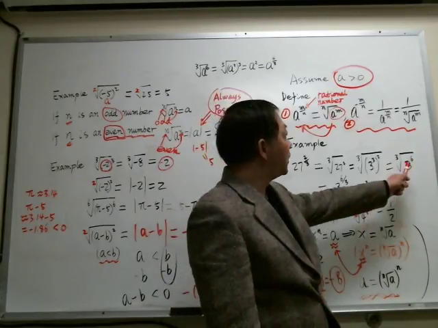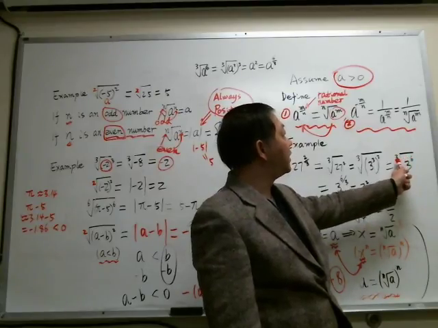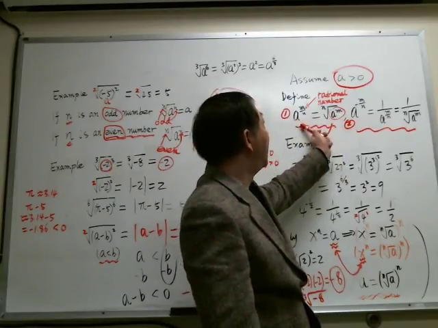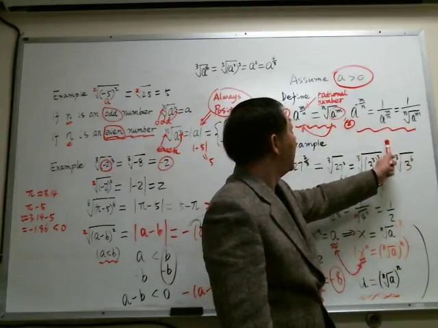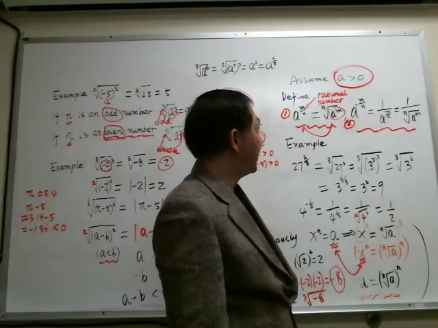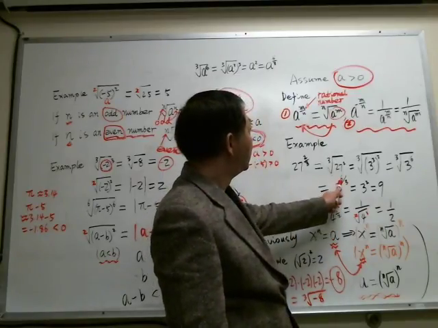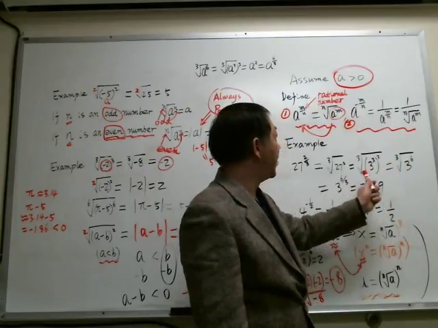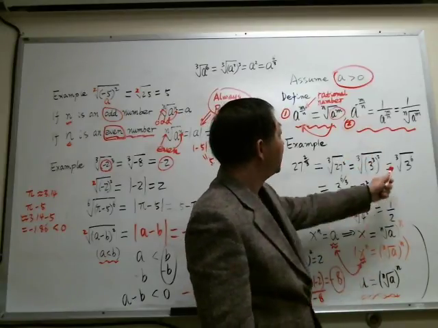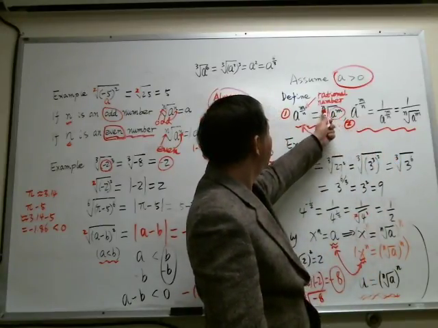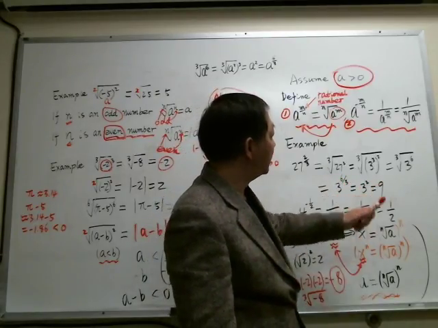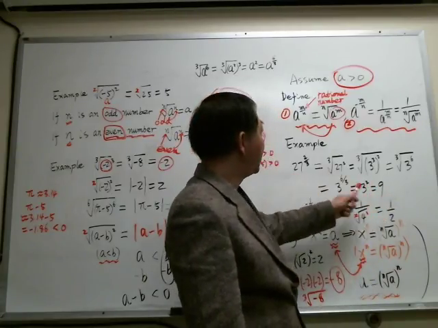Here is the exponent and here is the radical exponent, so by this definition again, 6 is like our m and 3 is like our n. You can write it back this way: the numerator is the exponent, and the denominator is the radical exponent. So 6 divided by 3 is 2, and 3 squared is 9. So the answer is 9.